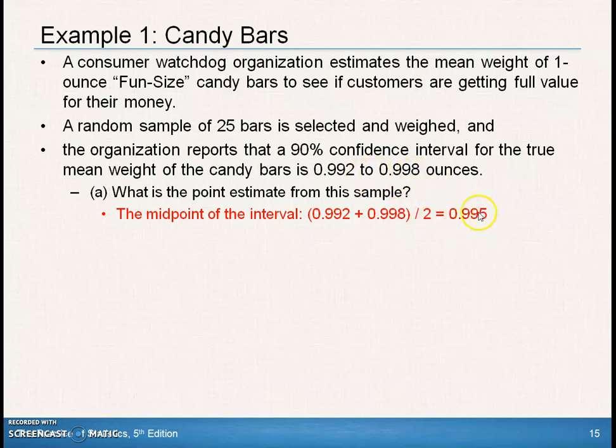That must have been the P cap, the point estimate. Not the P cap, this would be the X bar, the average weight. Sorry. What is the margin of error? Well, that's what you had to add and subtract to that X bar to get the upper and lower ends. So the margin of error is the 0.003.